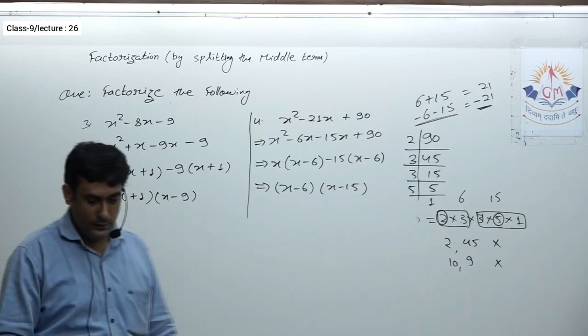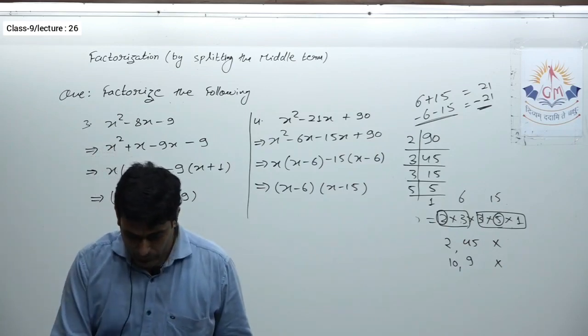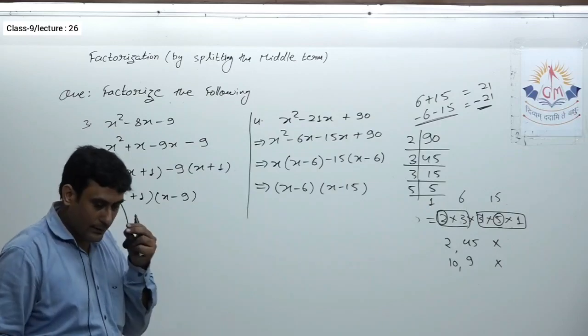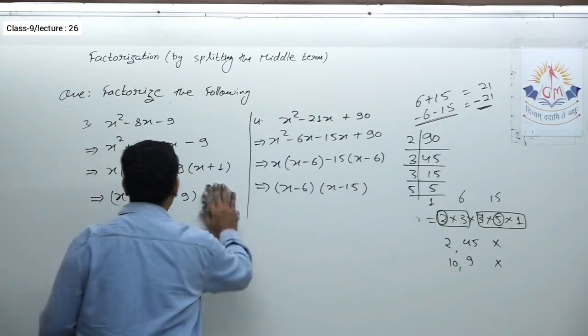Okay, now let us see the next question. x square plus 19x minus 150.